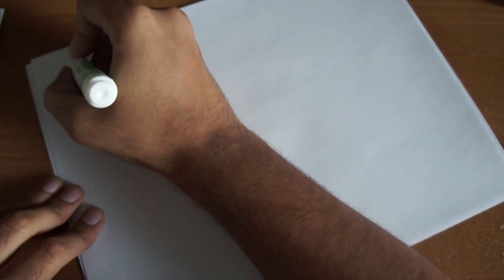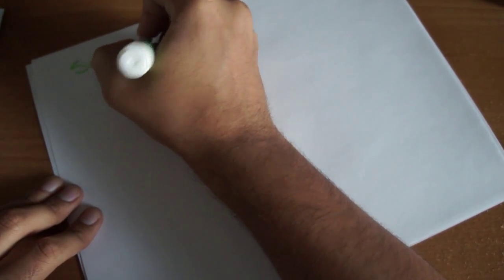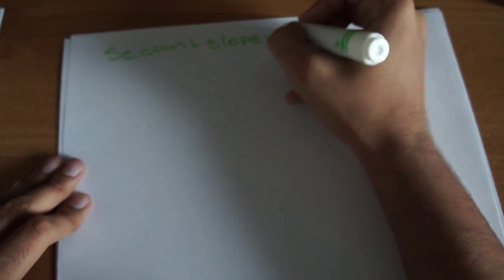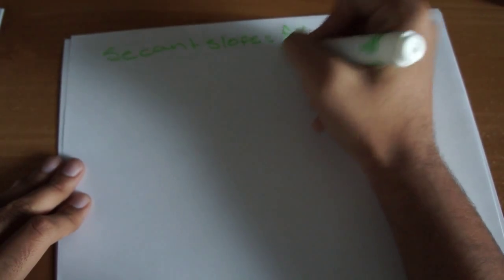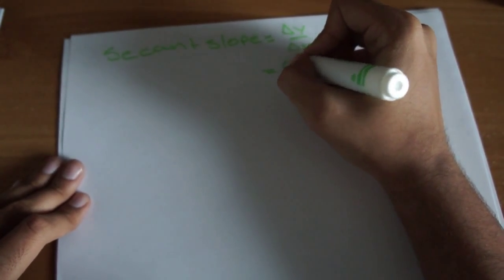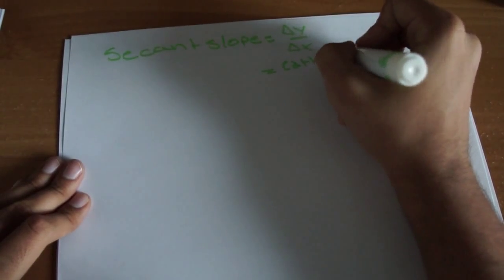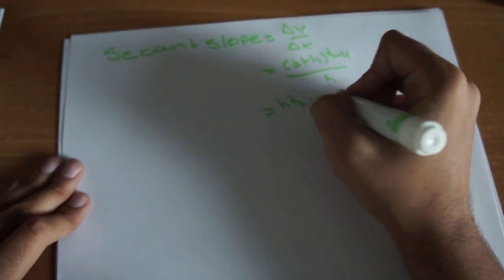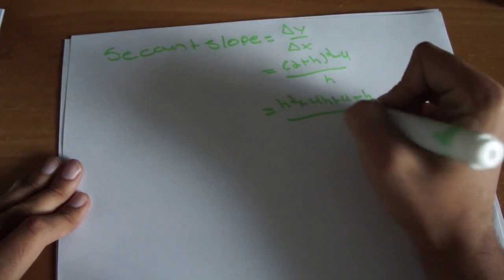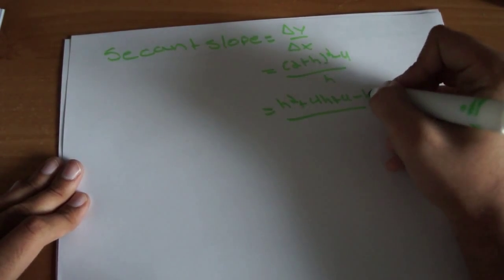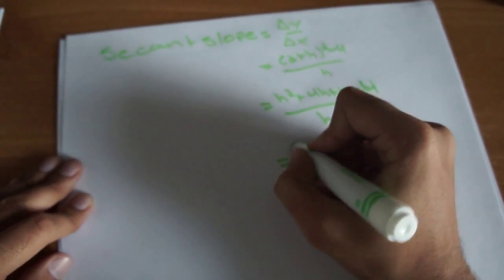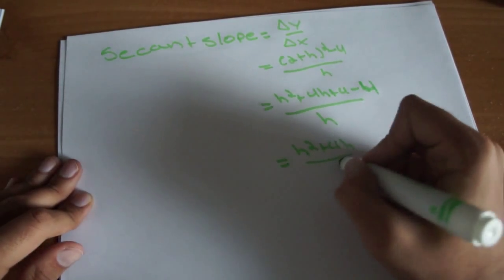Now, the secant slope is equal to delta y over delta x, which is equal to 2 plus h squared minus 4 all over h, which is equal to h squared plus 4h plus 4 minus 4 all over h, which is equal to h squared plus 4h all over h.